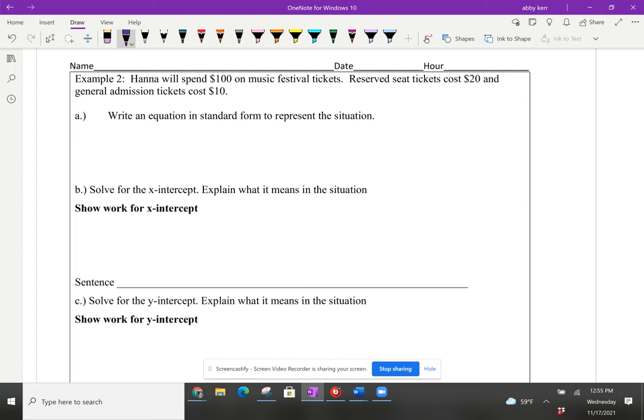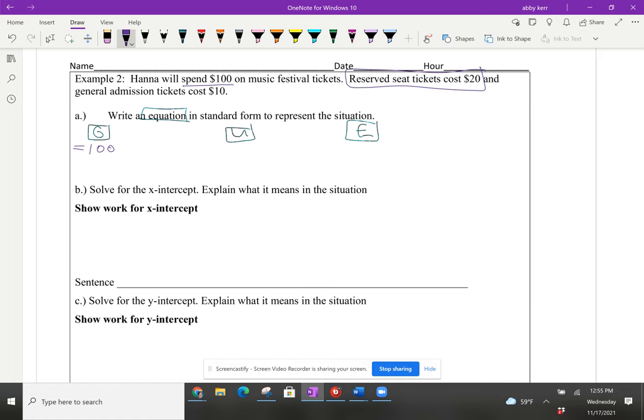Reserved seat tickets cost $20, and general admission costs $10. So we have to write an equation. We're going to use the first 3 steps of the GUESS method. Here it says she will spend $100. That's my total. That's the only amount of money she can spend.